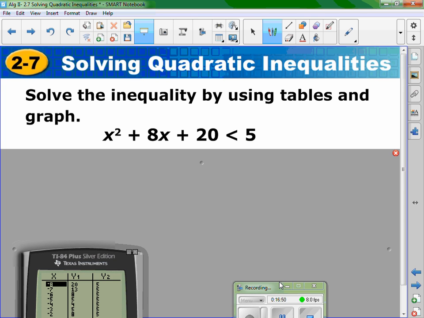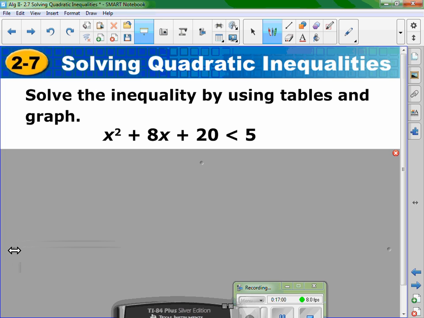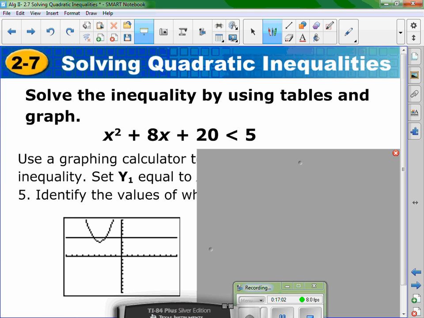Same graph, or same equation, correct? What has changed? It's less than. So now if I look at this, the place where it's less than is that little piece. That is where it's less than 5. Just in that one little spot.